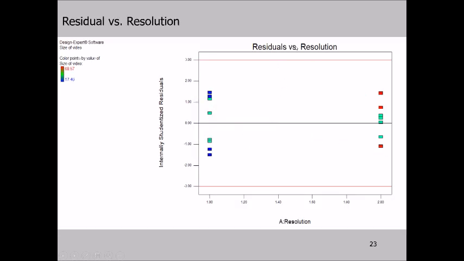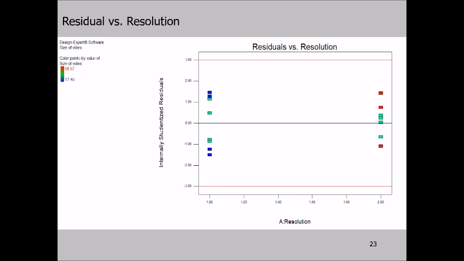Residuals versus resolution, which is a factor. The residual versus factor plot displays the residual versus another factor or variable. It may be included in our model or may not be in our model. We can also include noise factors here. It's not necessary that we plot only residual versus the factors we included.